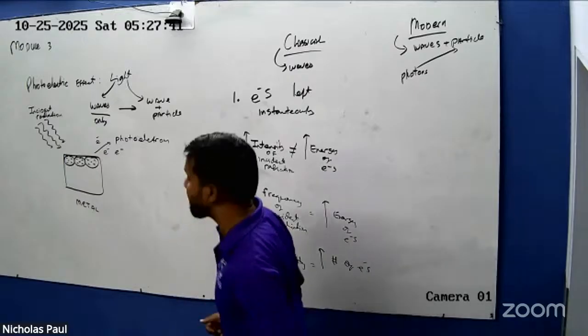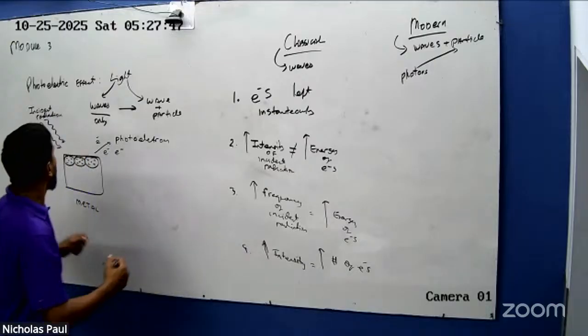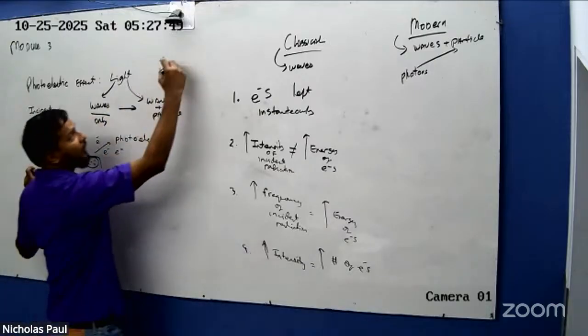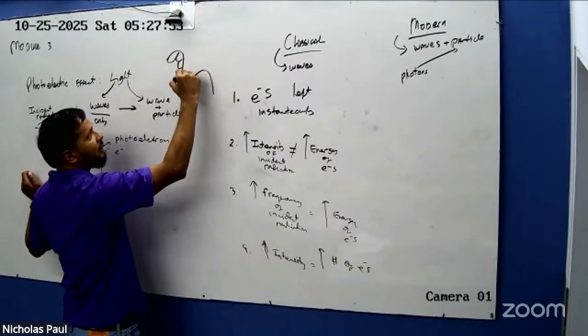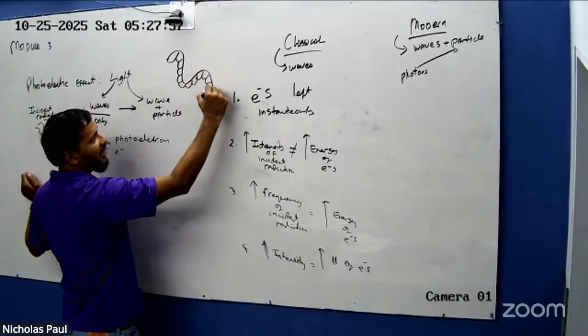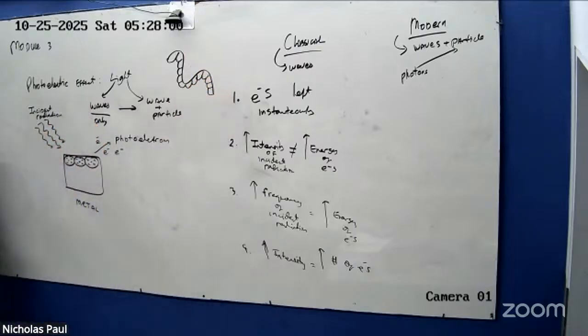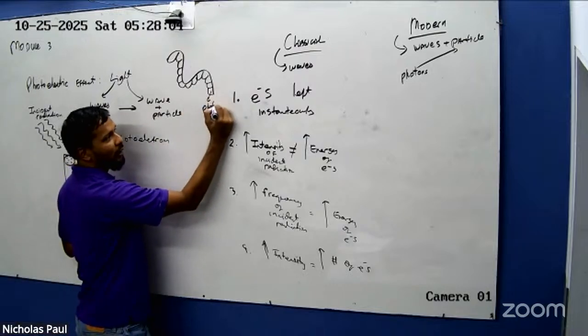All right, nice. So here's how we fix all of this now. Here's what Einstein said. Instead of viewing light as waves alone, we could view it as particles that move in a kind of wave-like structure. And these particles, we call them photons.